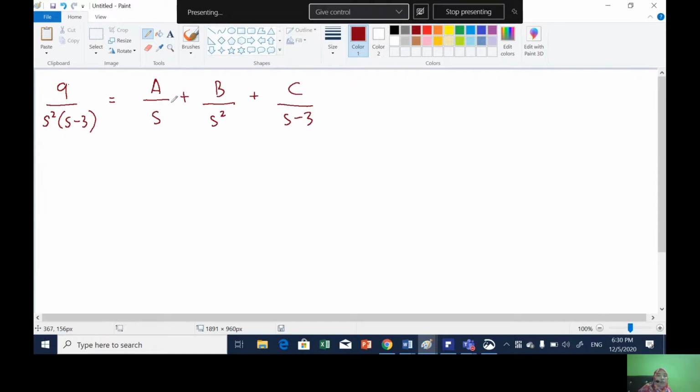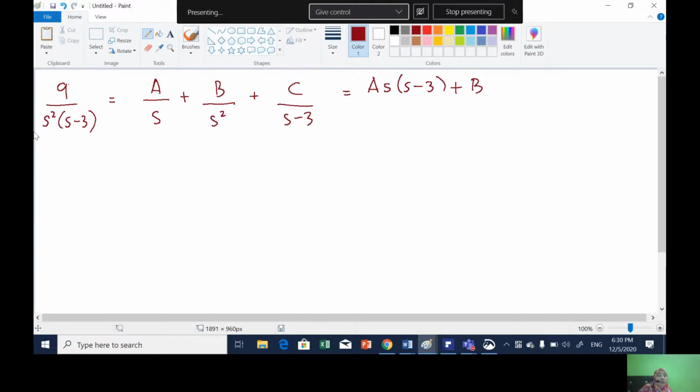So let's look at here. A has s, therefore A should be multiplied with another s and s minus 3. For B, look at the denominator.